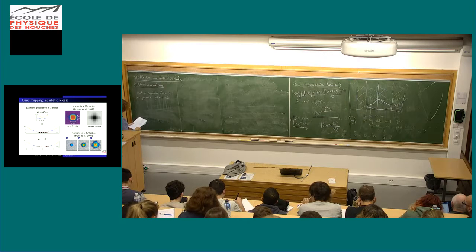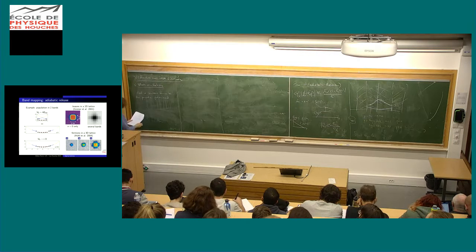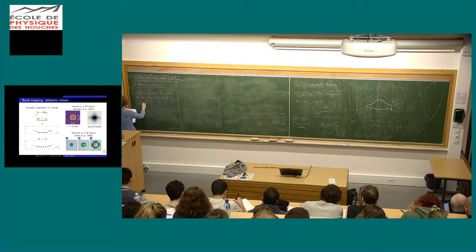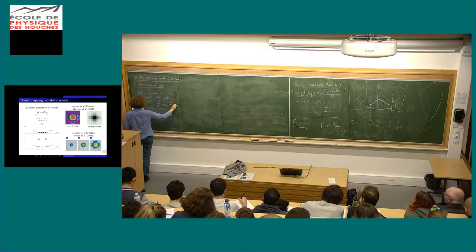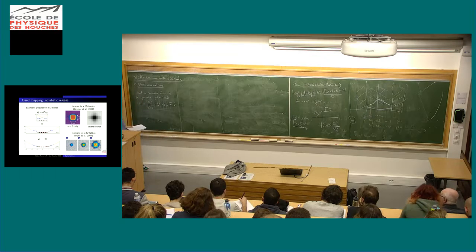It will be simpler. The Hamiltonian we would like to consider is essentially p squared over 2m plus V of x, and then a constant force that we can write this way.